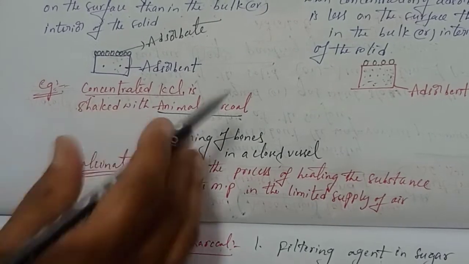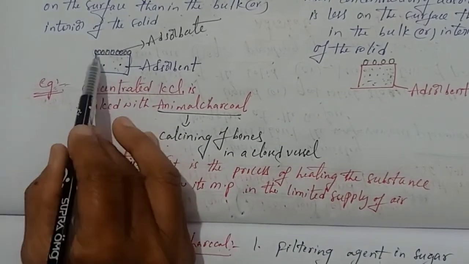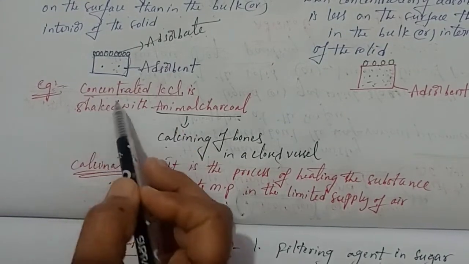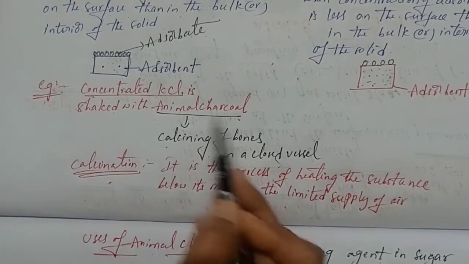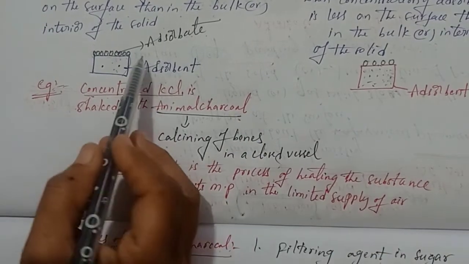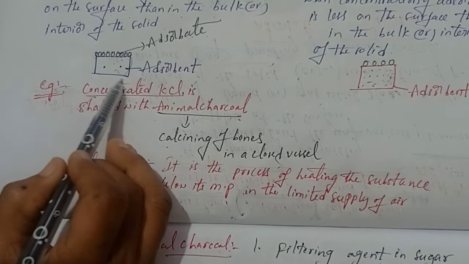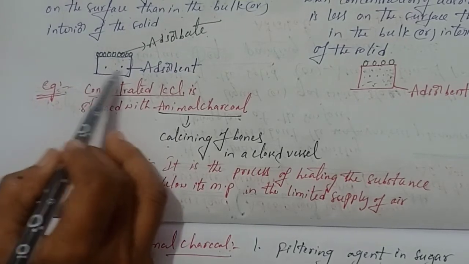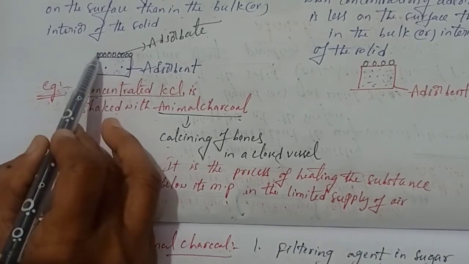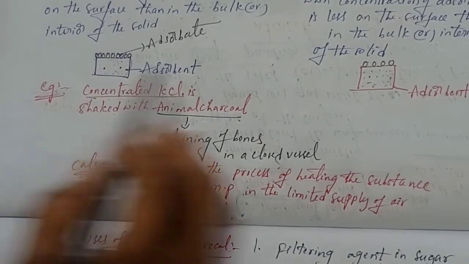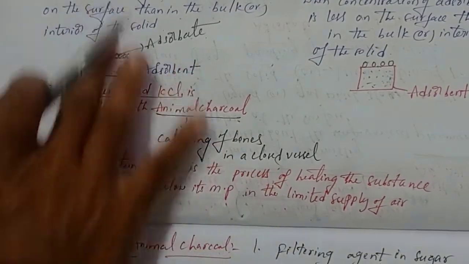These are the solute particles, and these are the solvent particles. Whenever concentrated KCl is shaken with animal charcoal, only solvent particles can enter the interior of the solid. Only a more number of solute particles accumulate on the surface of the adsorbent. This is a positive adsorption.